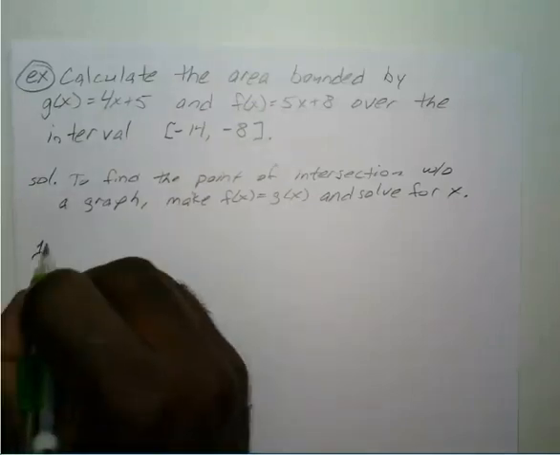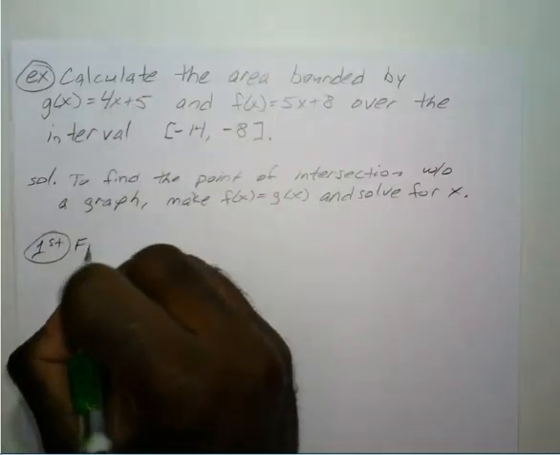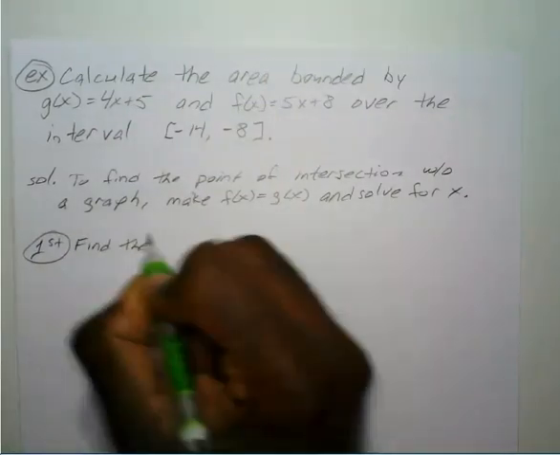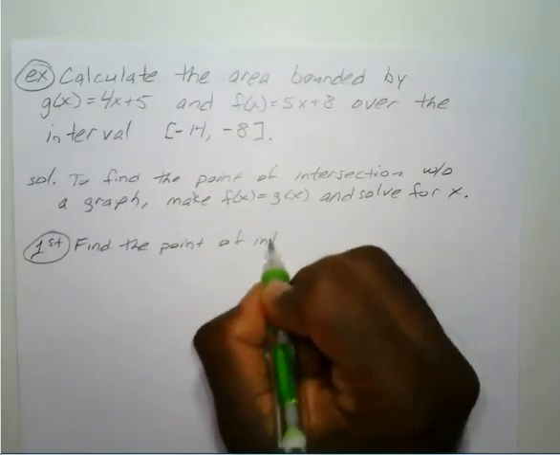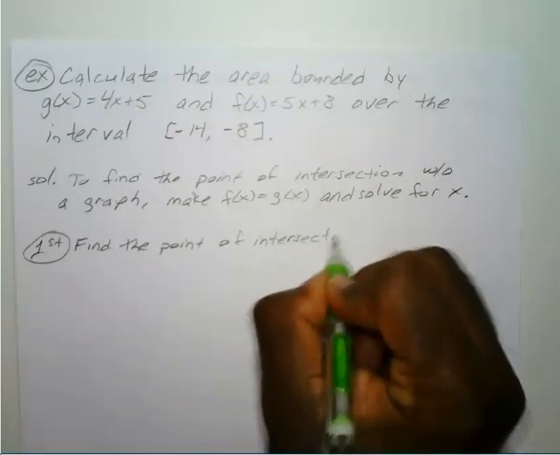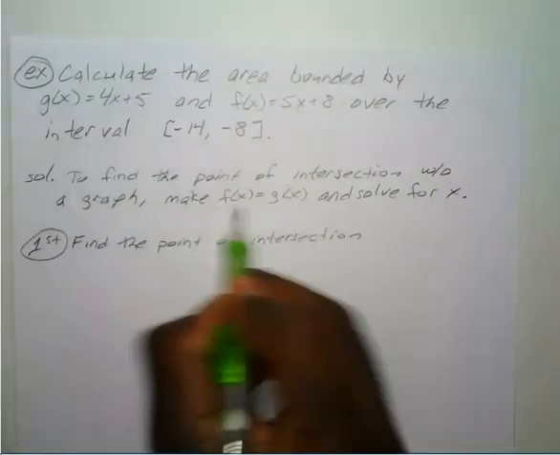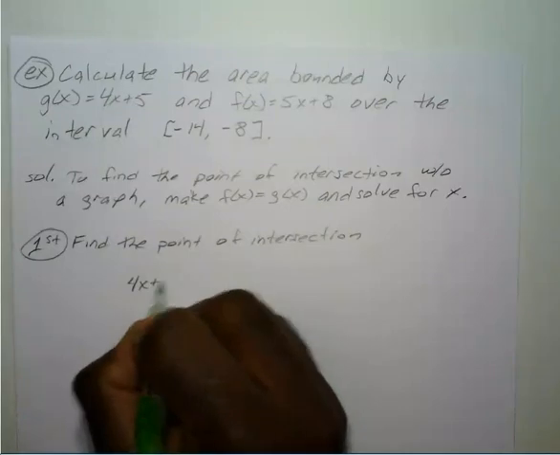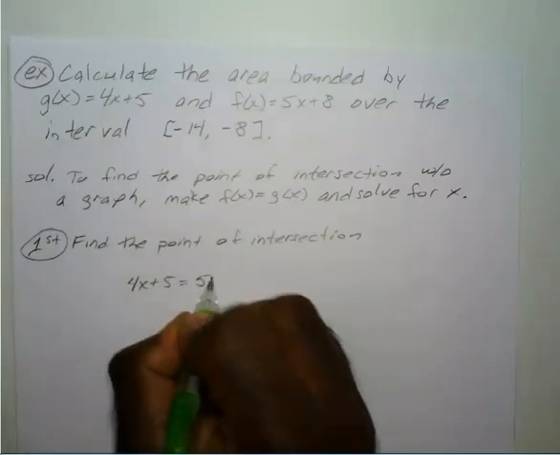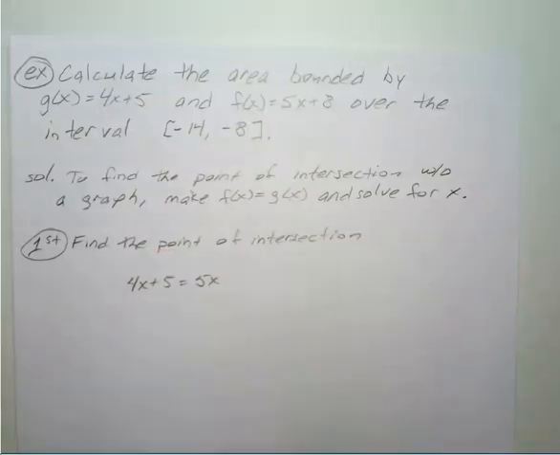Okay, so your first step, find the point of intersection. So f of x equals g of x, meaning we have 4x plus 5 equals 5x plus 8.